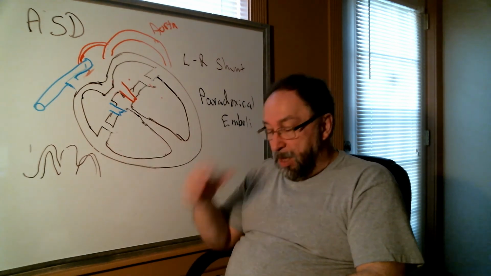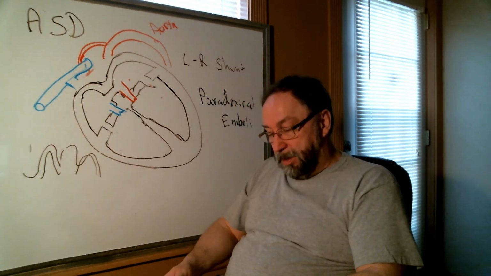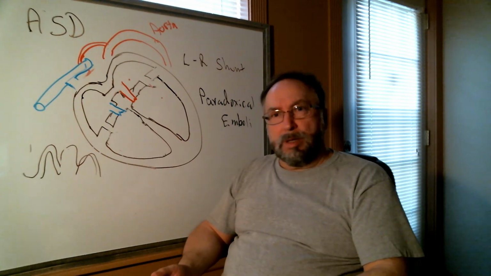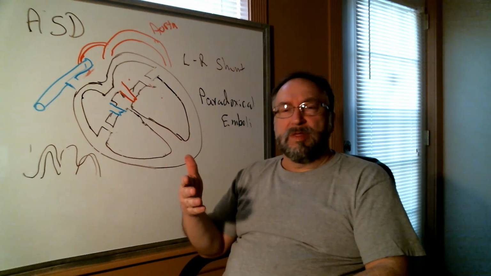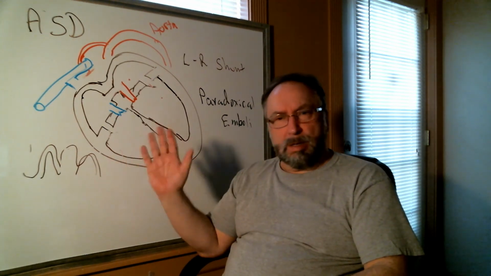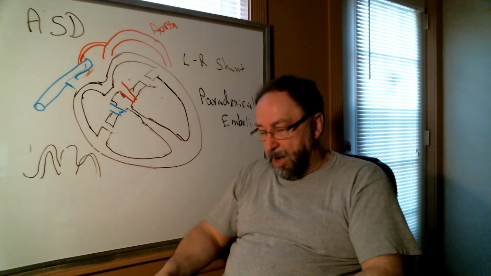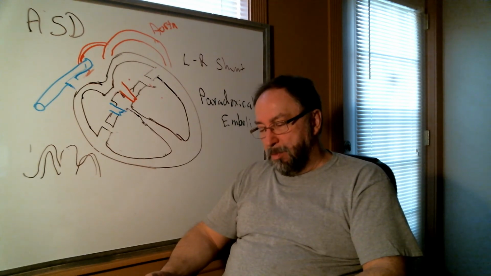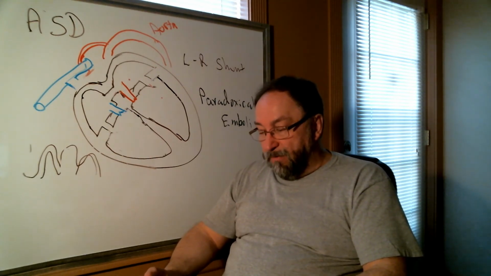That's when they have their problem. So, increased pulmonary problems because of the increased pulmonary flow. Sounds pretty much like the ventricular septal defect I just talked about. A lot of the same stuff happens here, except the splitting S2 instead of that murmur I was talking about before.